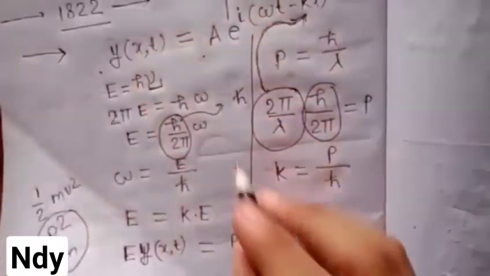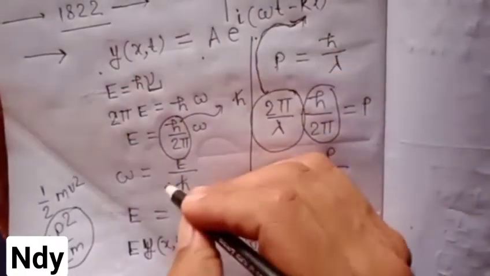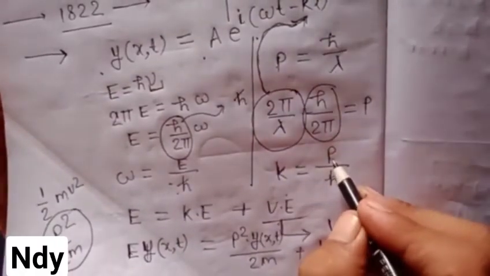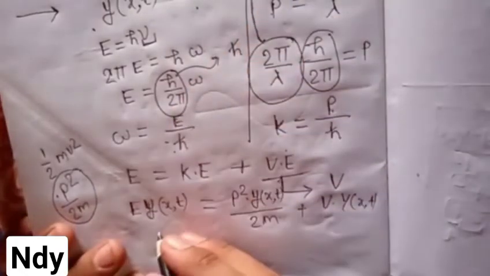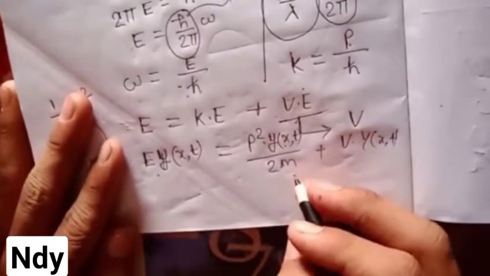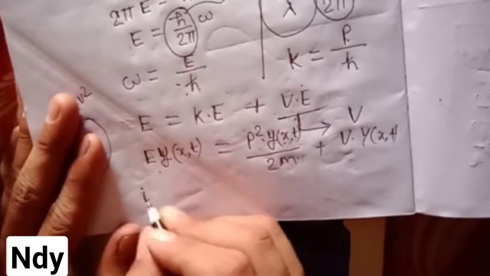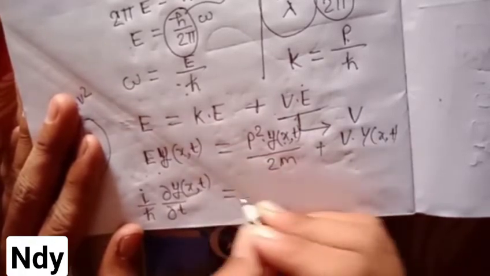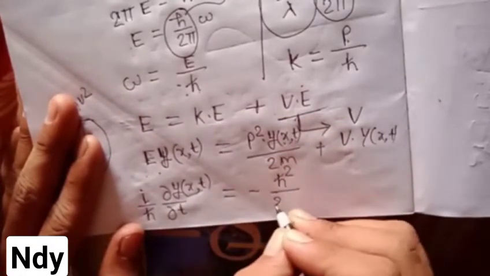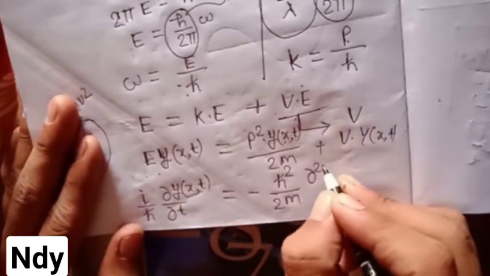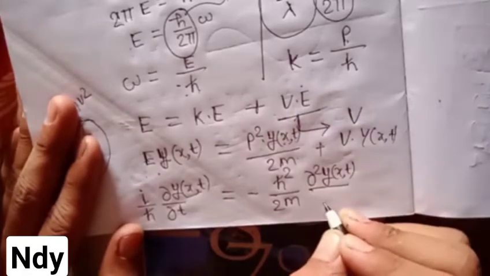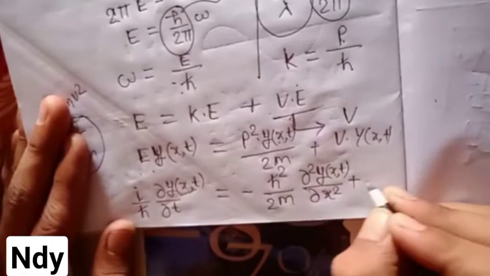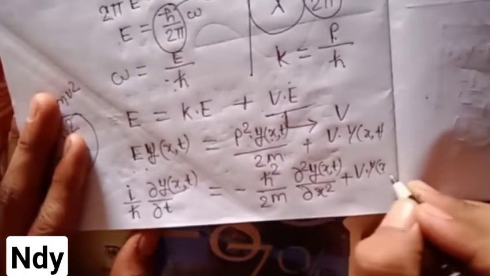And if we differentiate this equation by putting omega is equal to E by h cross and k is equal to p by h cross, then differentiate to find out E psi and p square psi, we get that this quantity i h cross del psi by del t is equal to minus h cross square by 2m del 2 psi(x, t) upon del x2 plus V psi(x, t).